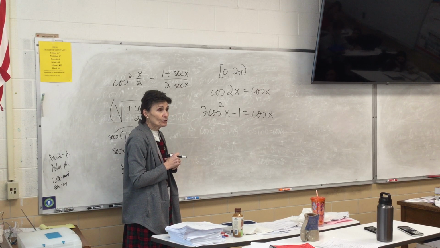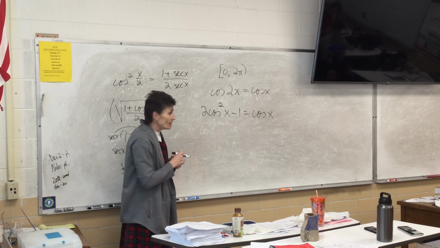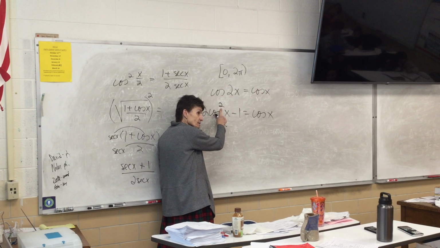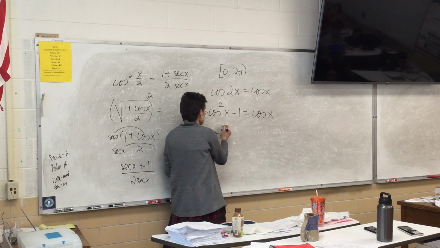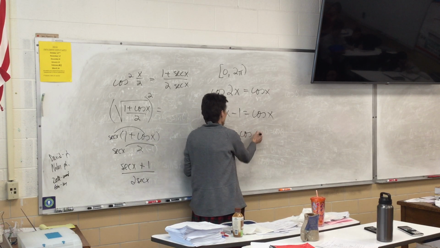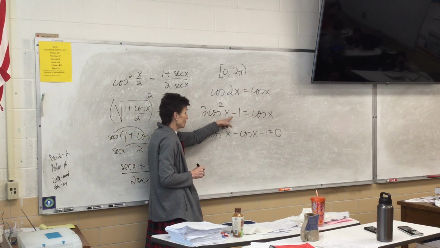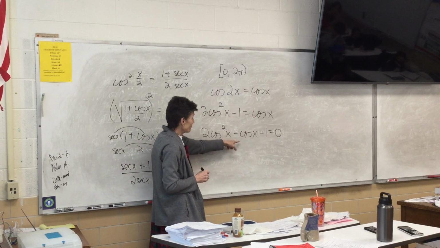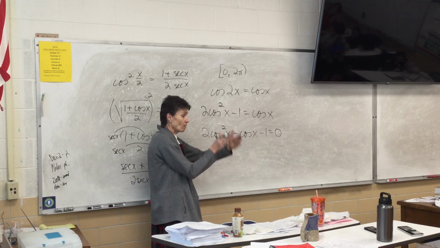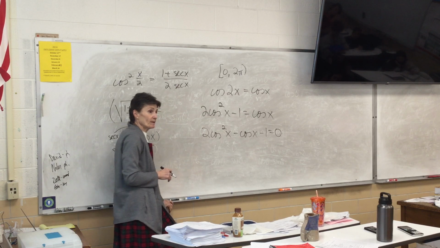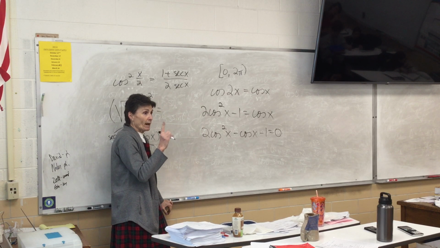Set it equal to 0. See that right there? What kind of an equation is this? Quadratic. And quadratic equations get set equal to 0. And when I do that, I'm going to move that cosine right over here in the middle. So my problem's kind of in the right order. Now what do you want to do with it? What do we do with quadratic equations?